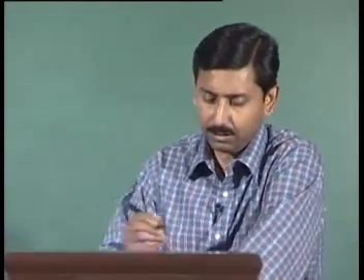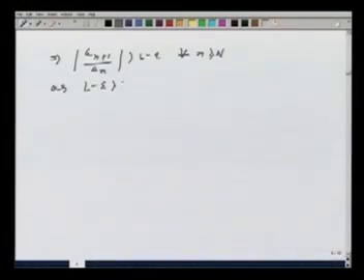Then by the definition of limit, this implies modulus of an plus 1 divided by an is bigger than L minus epsilon for all n bigger than or equal to capital N. But then I can compare this again with the previous result: as L minus epsilon is strictly bigger than 1, the series diverges. Summation an does not converge.